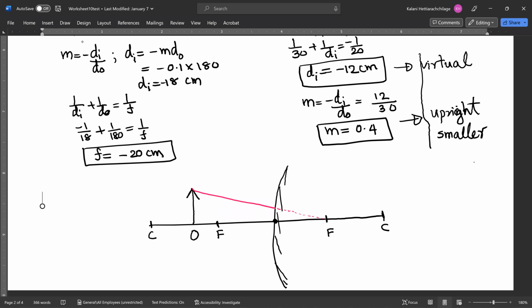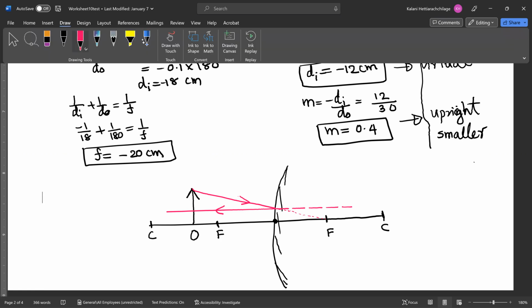Okay, so I sent the light toward the focal point. That light should reflect back following the reflection law, which means it will go parallel to the axis. So I'm going to draw it parallel to the axis here. I'm going to extend this one. This is extended light, there is no real light. So this is my first ray, arrow in and out.